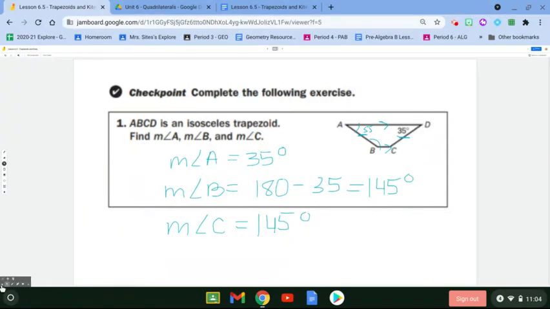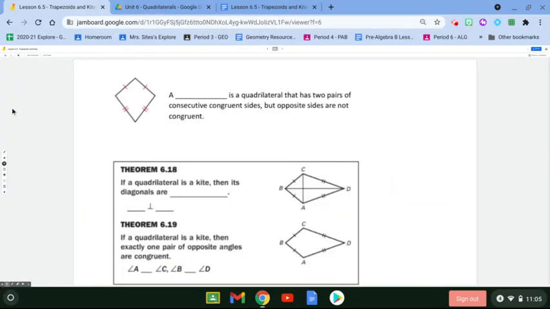One of the last quadrilaterals that we're going to be talking about in our unit is the kite. A kite is a quadrilateral that has two pairs of consecutive congruent sides, but opposite sides are not congruent. And if we look at these two theorems down here at the bottom, it will elaborate a little bit further.